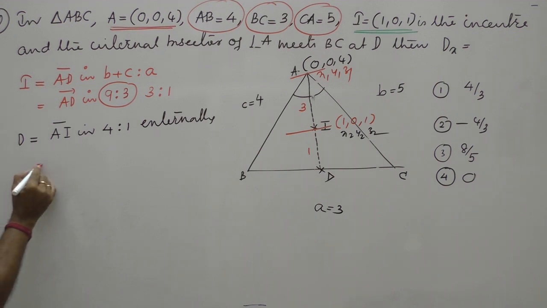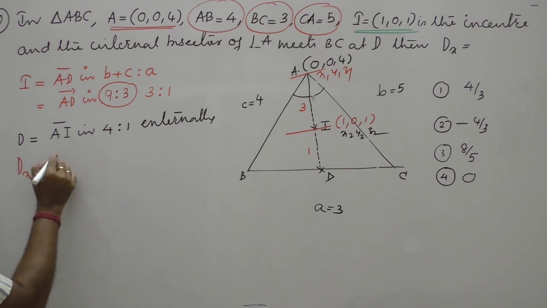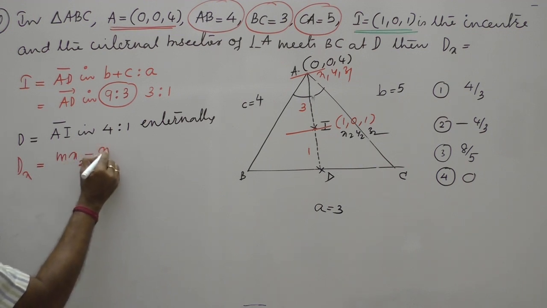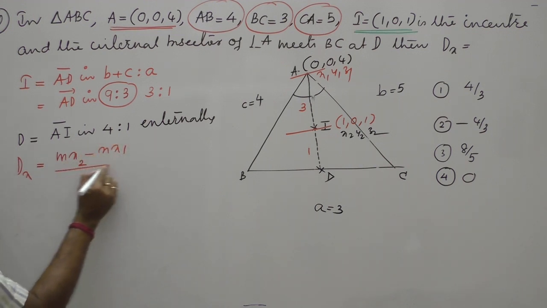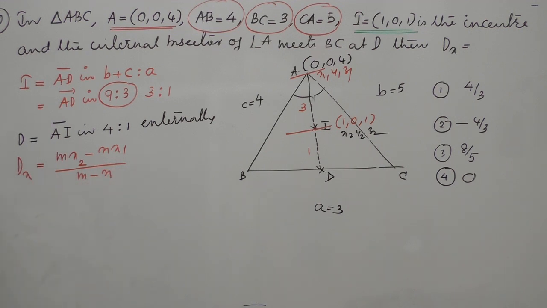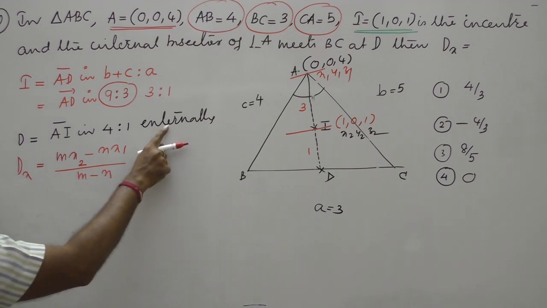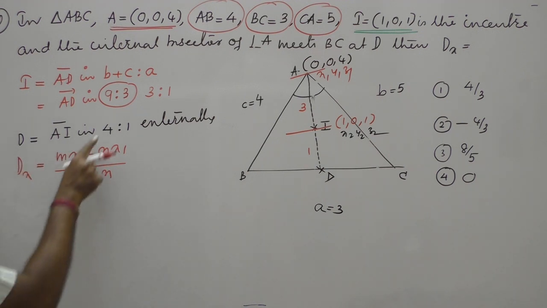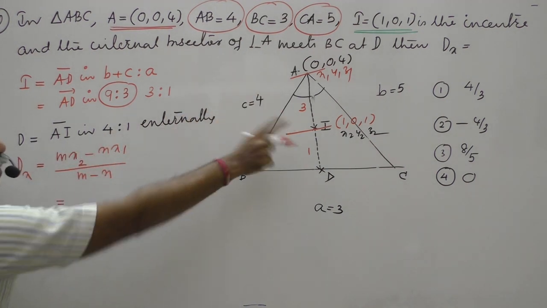He asked only the x coordinate, so we will find only x, that's enough. For this, what is the ratio? The formula is mx2 minus nx1 divided by m minus n. I am finding only the x coordinate of D. Here the division is external, therefore you will get minus. This is the first point, second point.